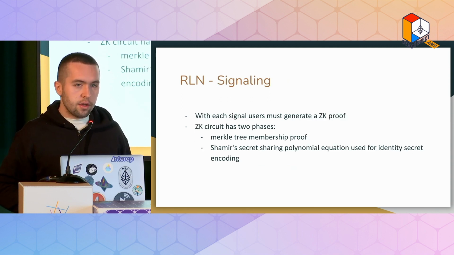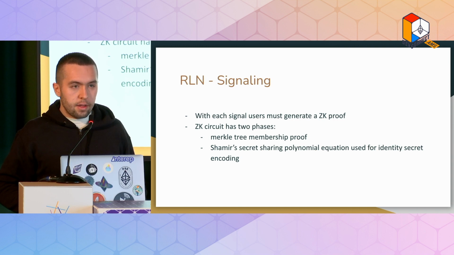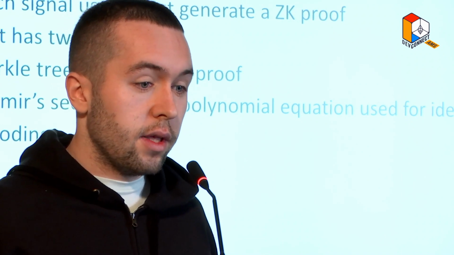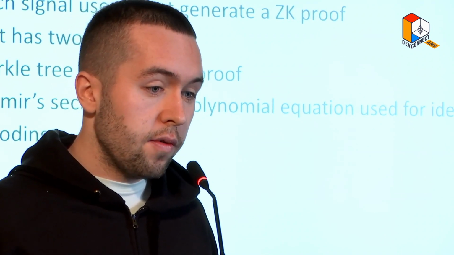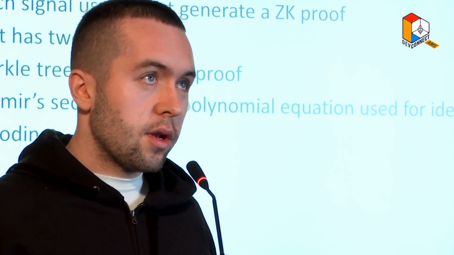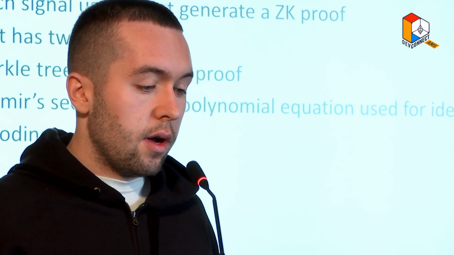And after the users are registered, they can interact with the applications. The requirement here is that with each signal, a user must generate a valid ZK proof, and additionally send some metadata with the proof.